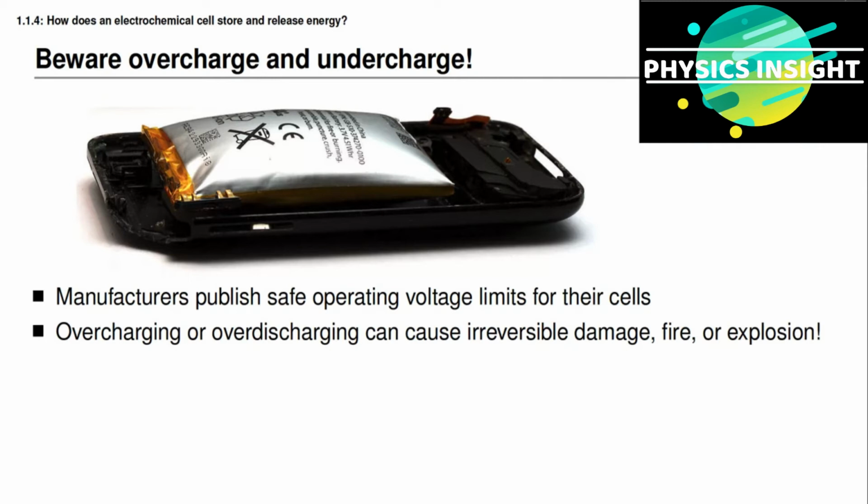For example, lead-acid battery cells can be slowly overcharged with no permanent damage. What happens when we slowly overcharge a lead-acid battery cell is that water in the electrolyte dissociates into hydrogen and oxygen gases. And if that's done slowly enough, the hydrogen and oxygen gases will actually recombine back into water.